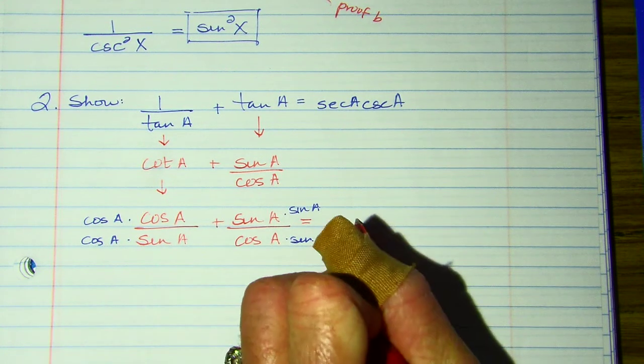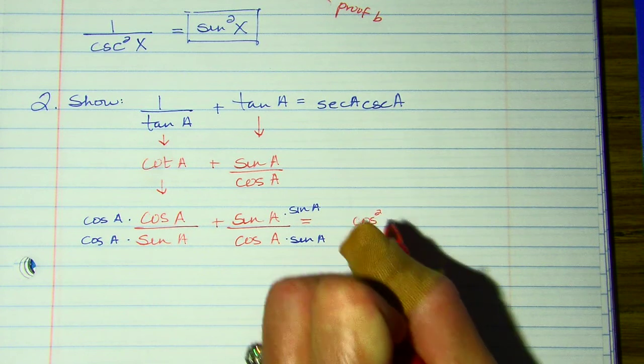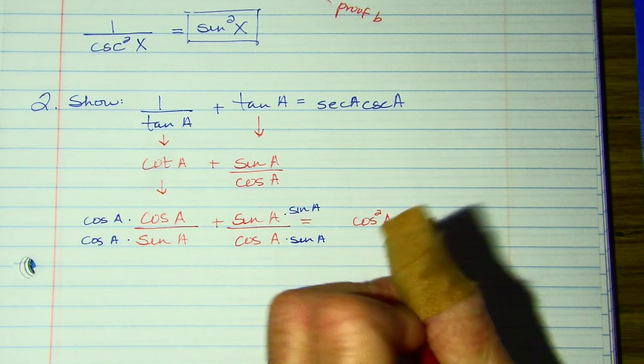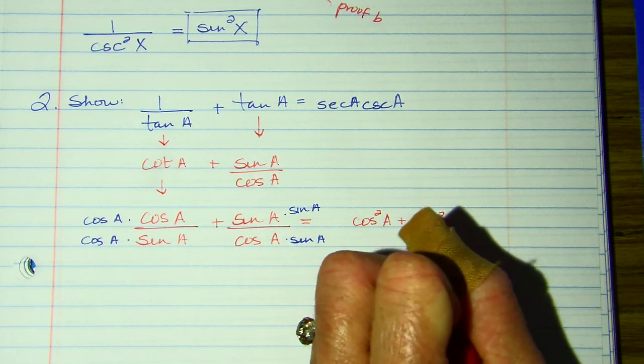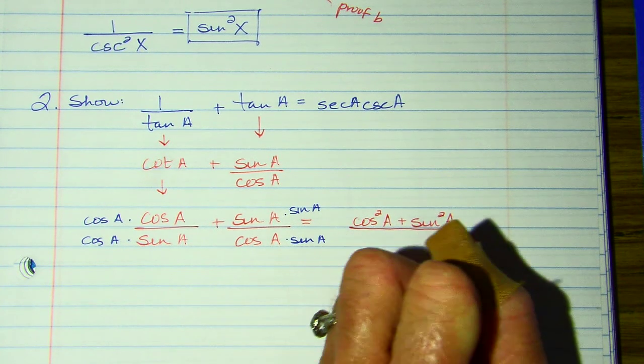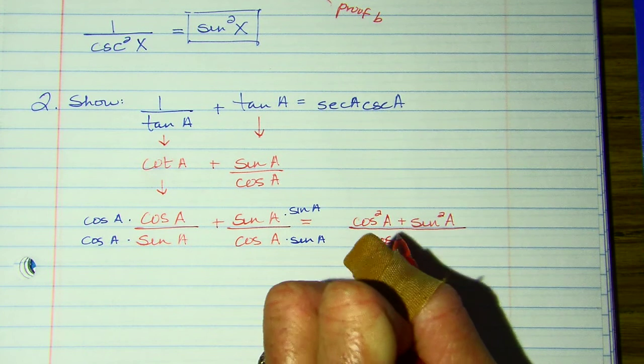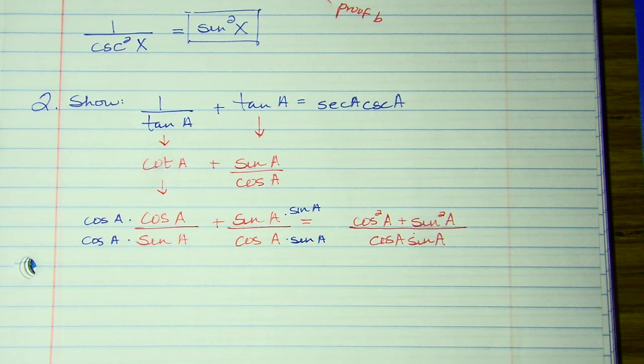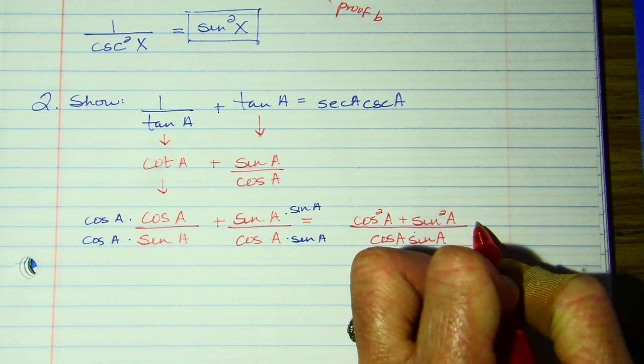And that gives me the cosine squared of A plus the sine squared of A over your common denominator, which is cosine A times the sine of A. Now, from there, this equals the top, sorry, I just froze.